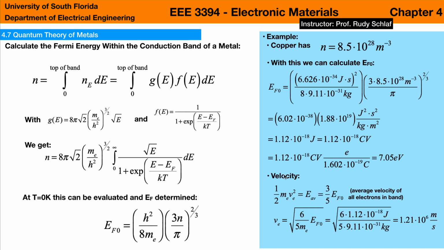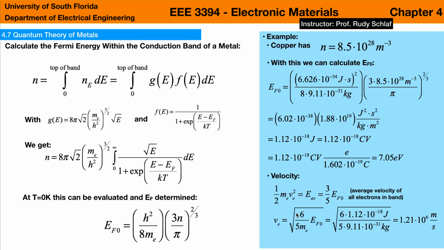It's interesting to look at the velocity of the electrons that are in this conduction band. One can show that the average kinetic energy of the electrons is 3 divided by 5 times the Fermi energy at 0 Kelvin.